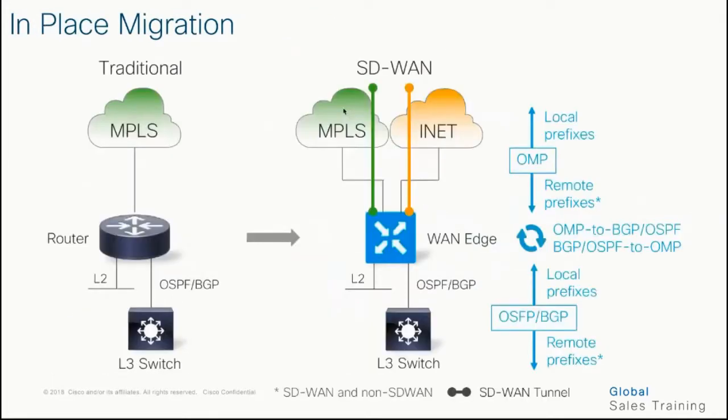If you look at the branch migration, you can take a router which is already running IOS XE code, install the SD-WAN code, and convert that router to SD-WAN. I'm sure all of you are aware of how we convert the XE router to SD-WAN. It is a very simple process.